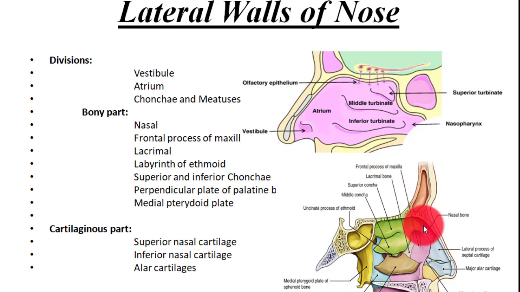Then there are the lacrimal bones, then the labyrinth of the ethmoid bone, then the superior and inferior conchae, then the perpendicular plate of the palatine bone, and then the medial pterygoid plate of the sphenoid bone. All these bones together form the bony part of the lateral wall of the nose.